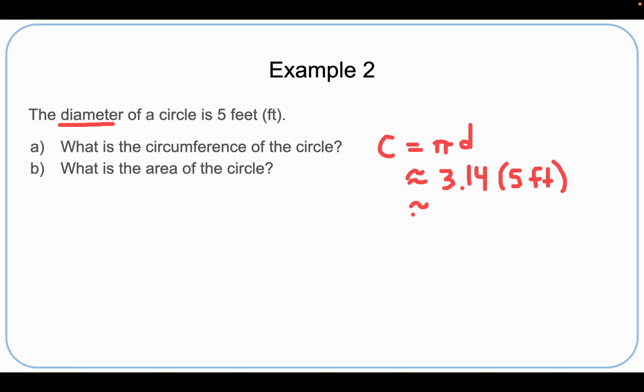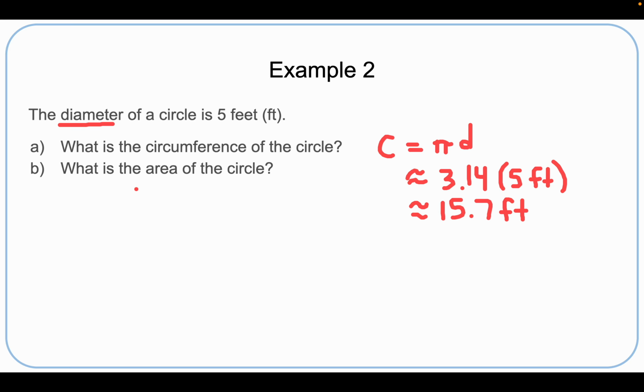And when I multiply that out, we know it should be a little bit more than 15, right? 3 times the diameter would be 15, so our circumference is going to be a little bit more than that. And we'll get 15.7 feet. And circumference is a length, so it's just feet there for units.